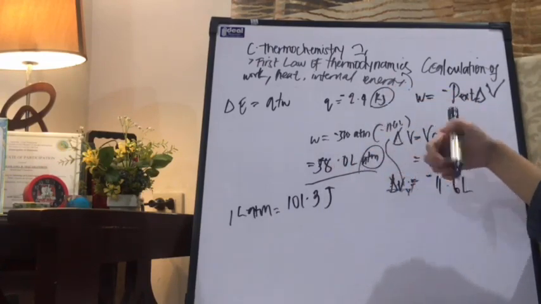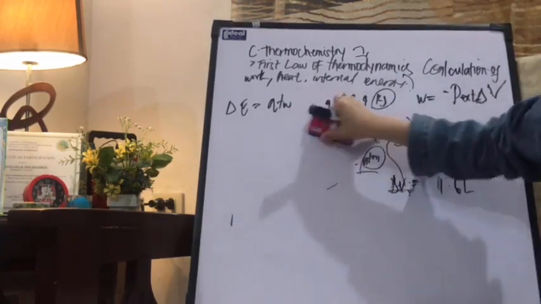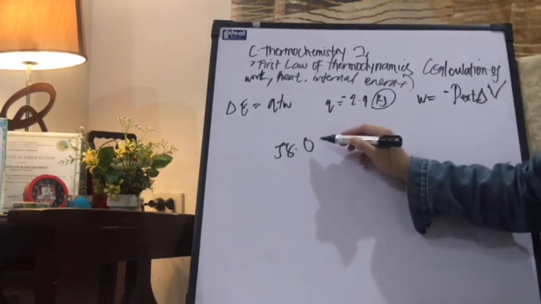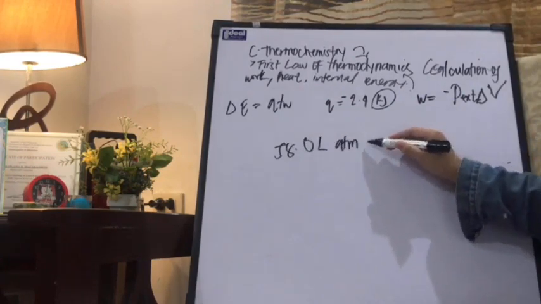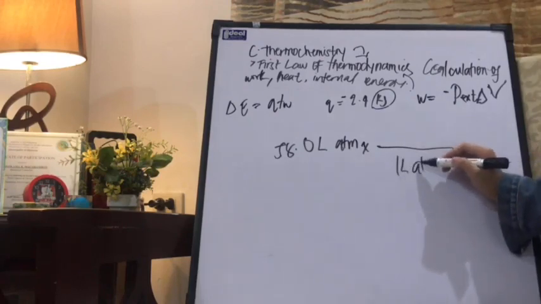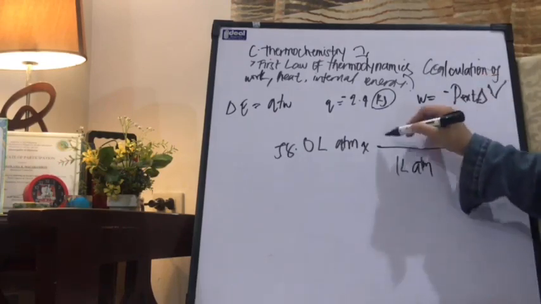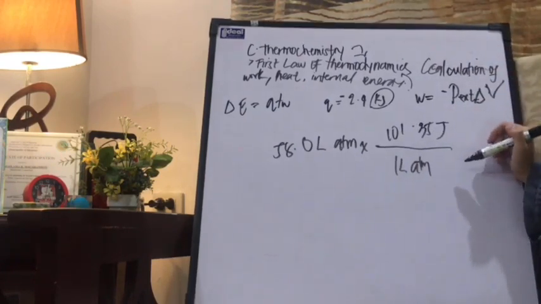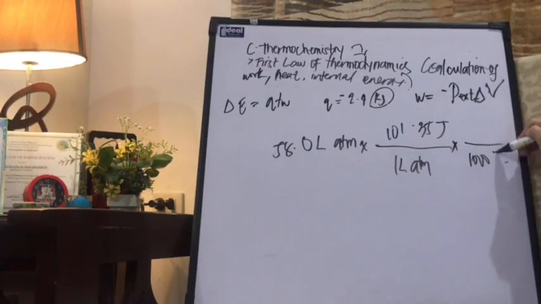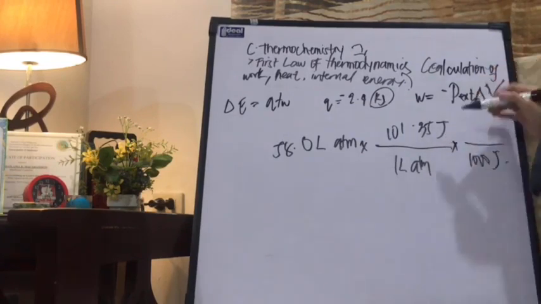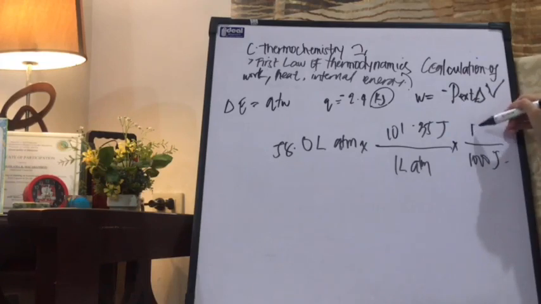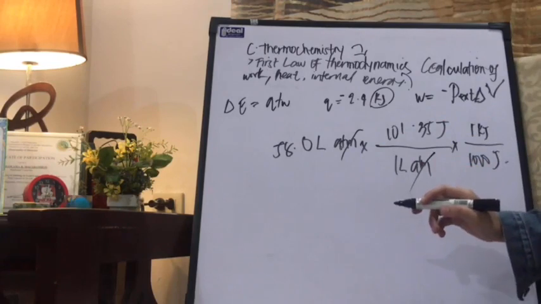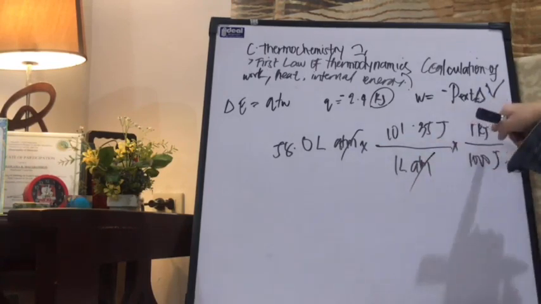So ganito siya i-convert: 58.0 liter atm times 101.3 joules per 1 liter atmosphere. Then we know that there are 1,000 joules in 1 kilojoule. Ginagamit natin yan. So cancel this one out, and then I'm left with kilojoules only.